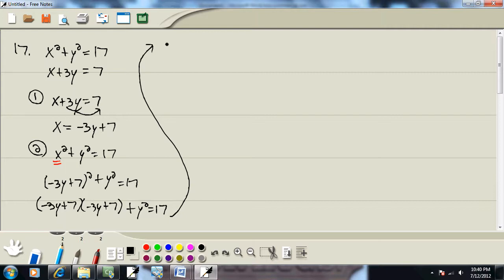Negative 3y times negative 3y gives us a positive 9y squared. Negative 3y times 7 gives us negative 21y. 7 times negative 3y is negative 21y. 7 times 7 is 49. Plus y squared, and I'll bring the 17 over, so it becomes a negative 17. Well, combine together like terms.